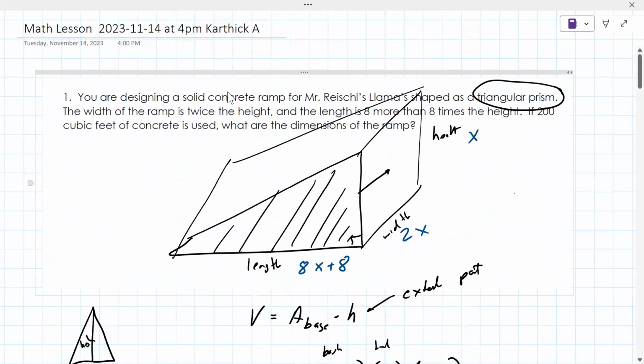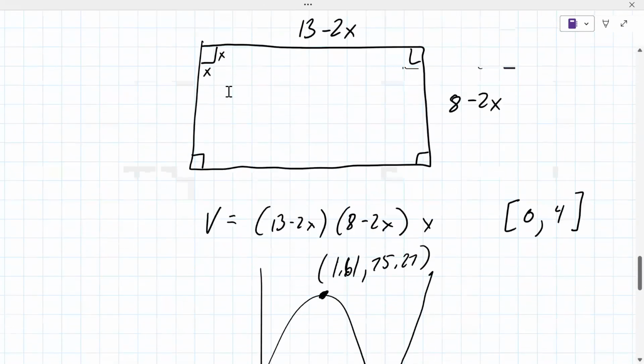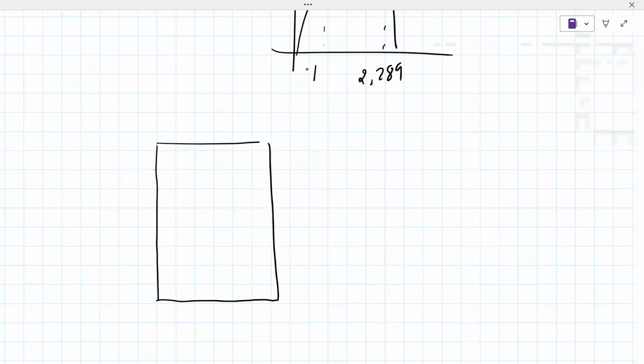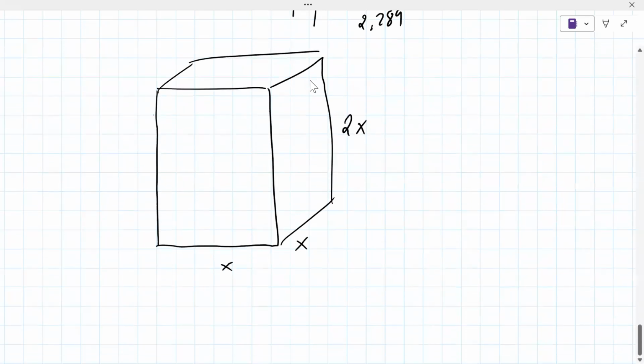Yeah, it could probably. Let's see here. The one I was doing with a student today is an open box again, with a square base, and the height of the box you might find is like 2x, and the volume ended up being pretty large.